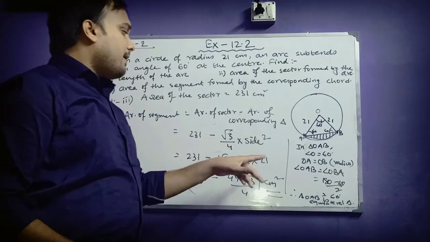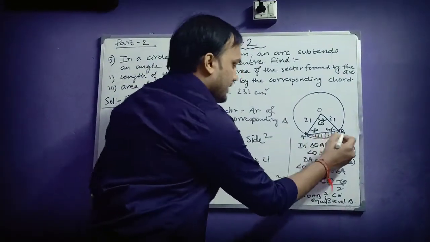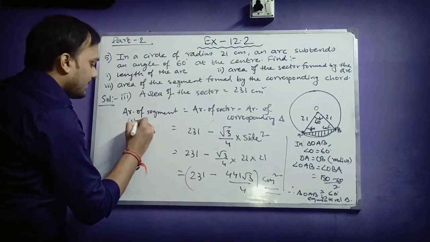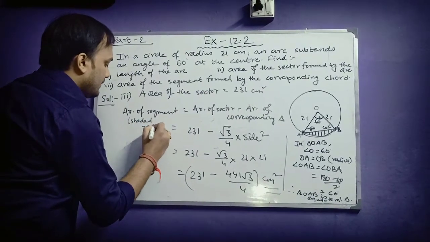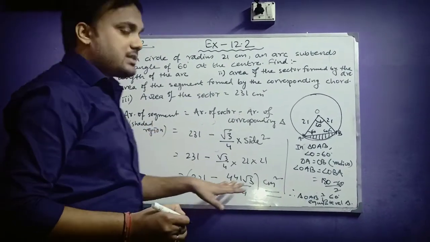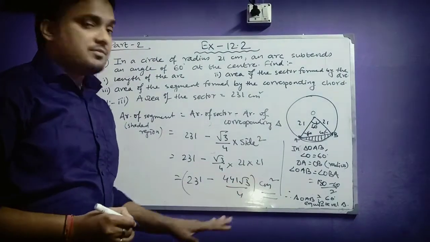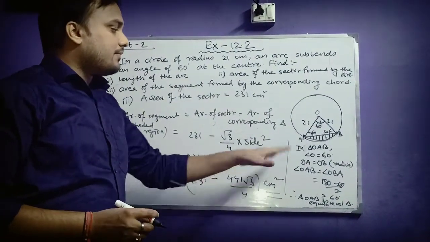So the area of the segment, that means this shaded region, is 231 minus 441 root 3 by 4 centimeter square. So in this way we can find the area of the segment.